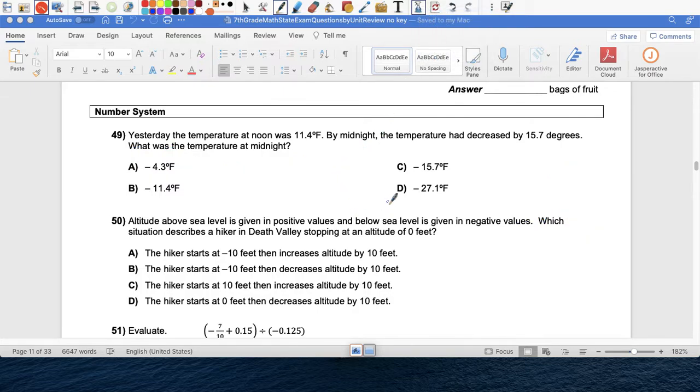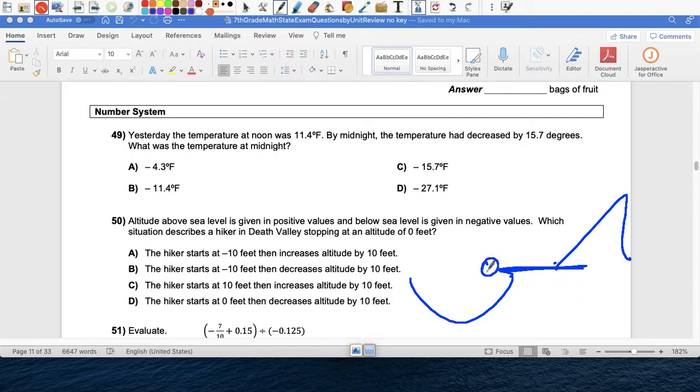50. The altitude above sea level is given in positive, and below is negative. Which situation describes a hiker in Death Valley stopping at an altitude of 0 feet? Okay, the hiker is here. Let's call that a mountain and then a valley, right?